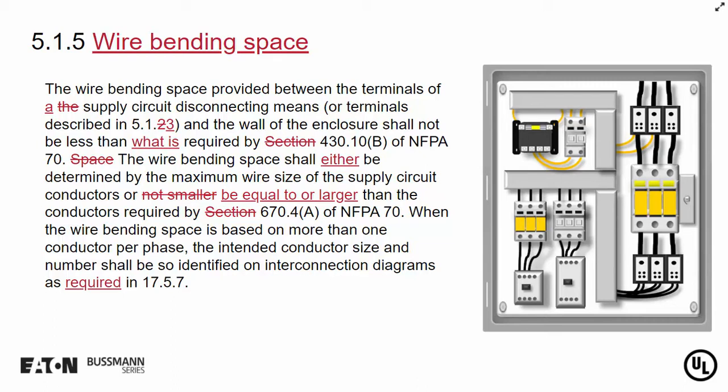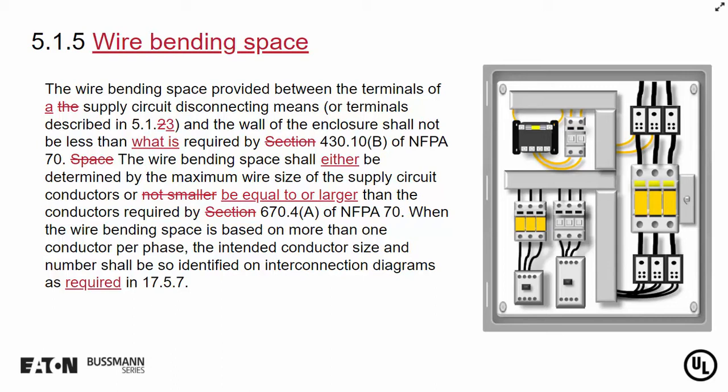And then reading on through 515, you can see that the wire bending space is determined by the maximum wire size of the supply circuit conductors, where they are equal to or greater than what's required by Article 670 in the NEC, which covers the installation of machinery, and specifically 670.4(A) covers the sizing of those supply conductors.